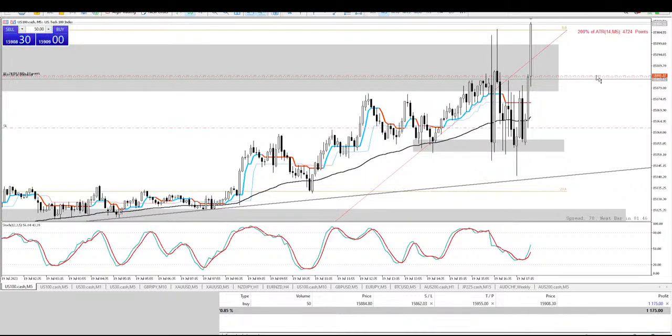Alright guys, I'm moving my stop loss to break even. It's pushing really hard, so hopefully this keeps up.